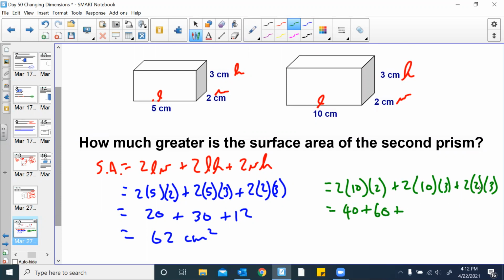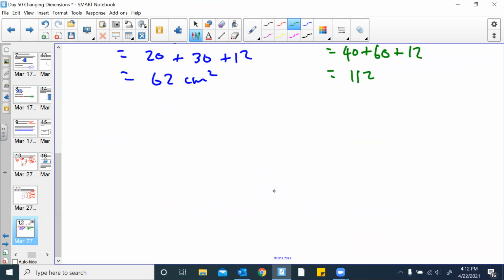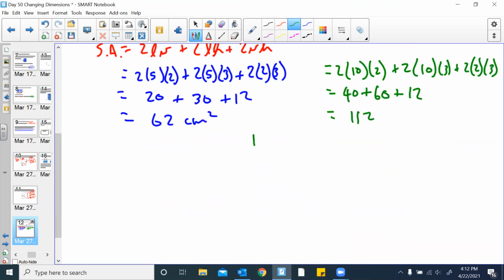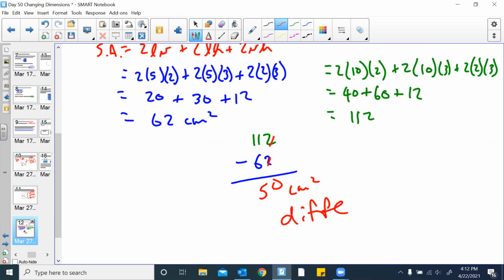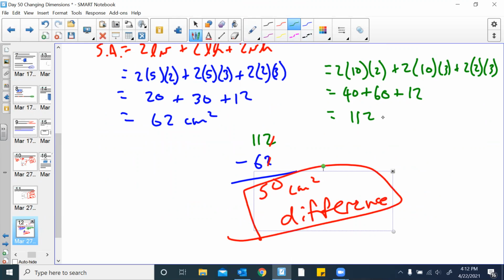Plus 2 times 2 is 4, times 3 is 12 again, and that would equal 112. Then it wants to know the difference. So we take 112 minus 62 and get a 50 centimeters squared difference. Those are going to be like the longest questions that you'll have on the upcoming test.